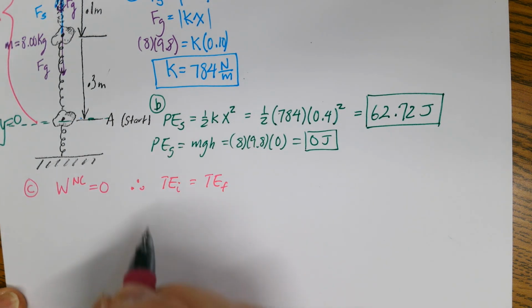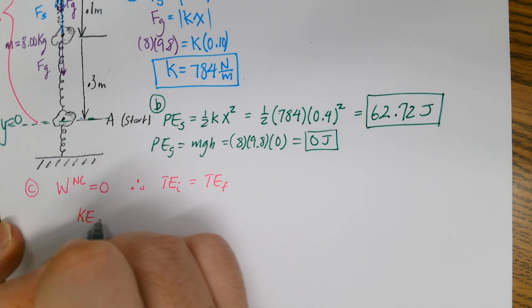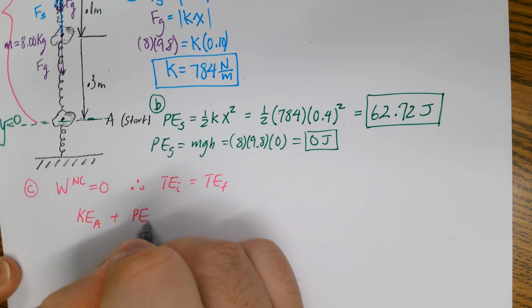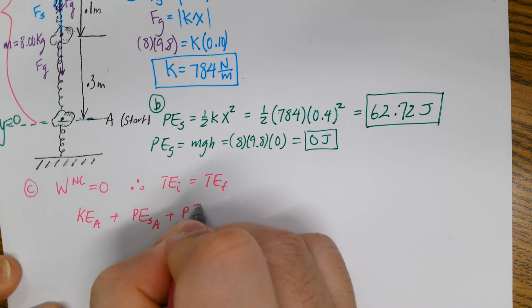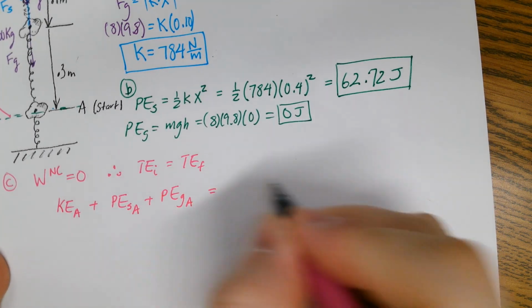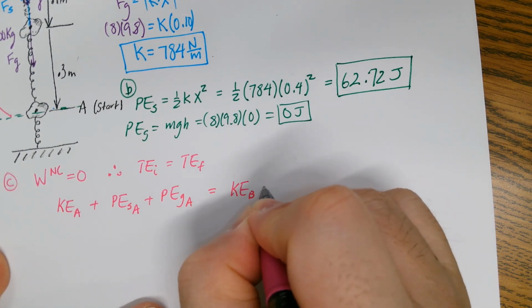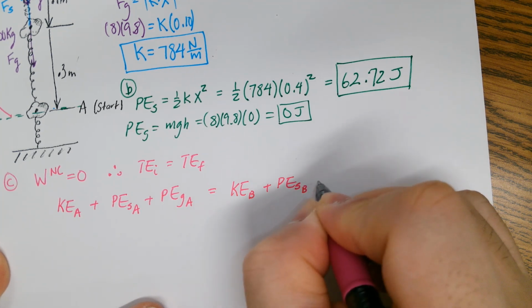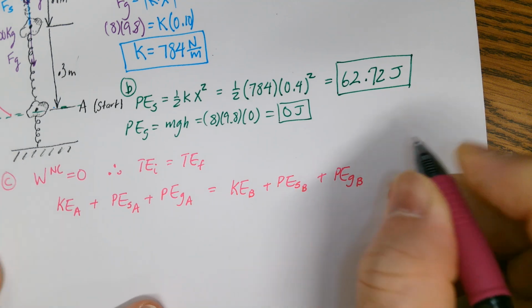So here, kinetic energy at A plus the potential energy of spring A plus the potential energy of gravitation A must equal kinetic energy at B plus the potential energy of spring at B plus the potential energy of gravitation at B.